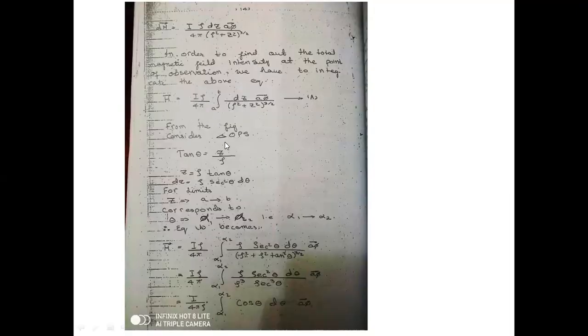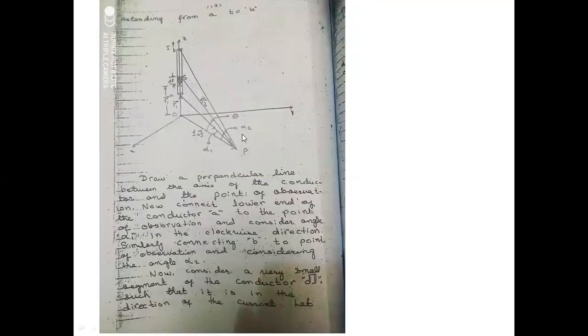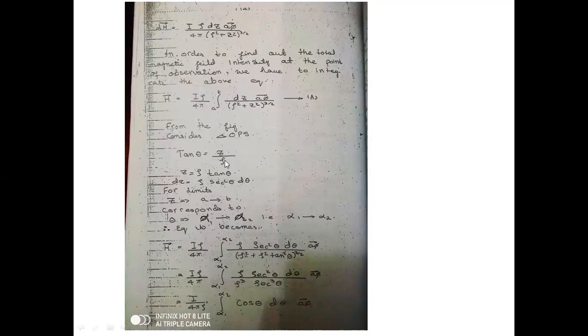So from the right angle triangle OPS, tangent theta is equal to perpendicular over base. The perpendicular line is this, and the base is this. So z over rho, so z is equal to rho tangent theta.